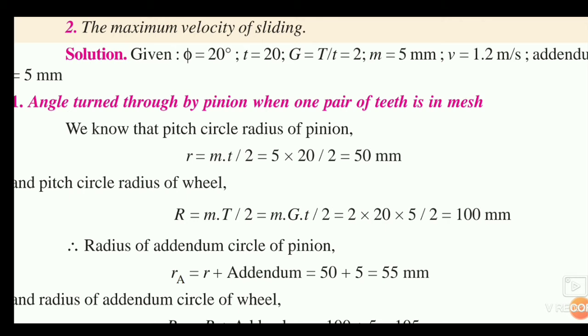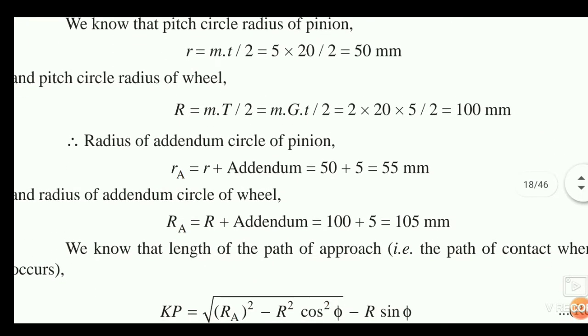For that capital T directly they have not given. From the formula we can find capital T, that is G into small t will give you capital T. So that is what they have substituted here. You will find the value of capital R. Then you can find small ra and capital RA by adding those values with their addendum value. Addendum is given as 5. It is given in the problem.